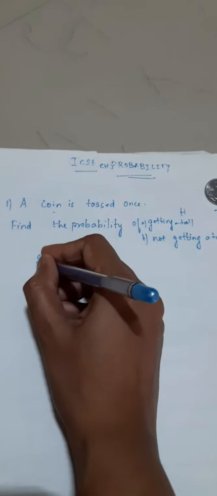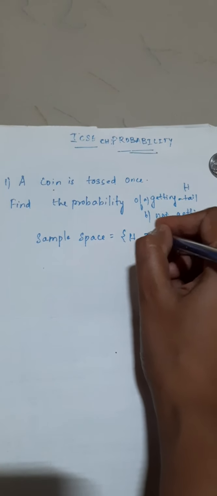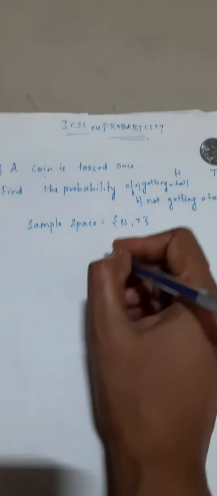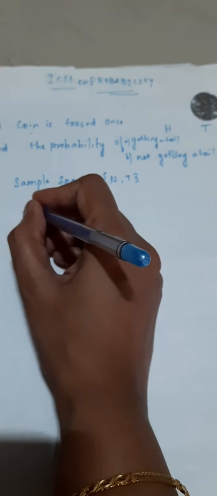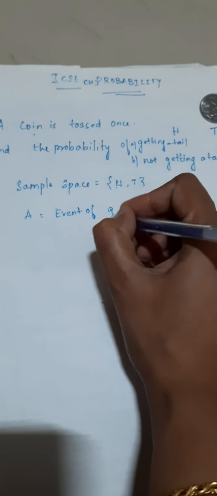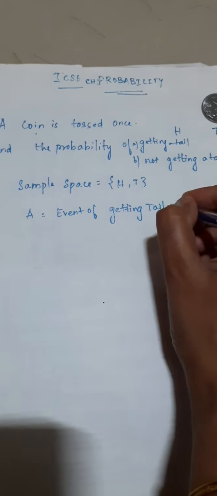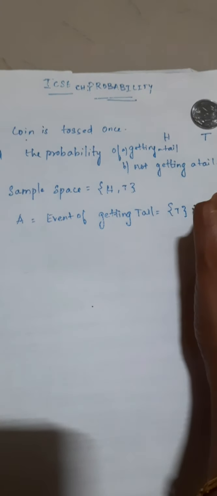So question 1 is, a coin is tossed once, find the probability of getting a tail, and B is the probability of getting not a tail. So if you see the sample space, that's the possible outcomes. It can be head or tail. Let A be an event of getting a tail. That's going to be one outcome.